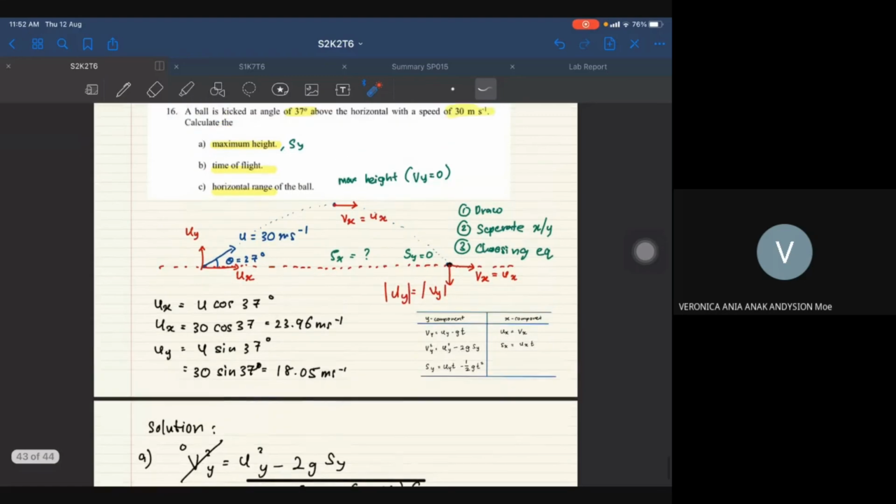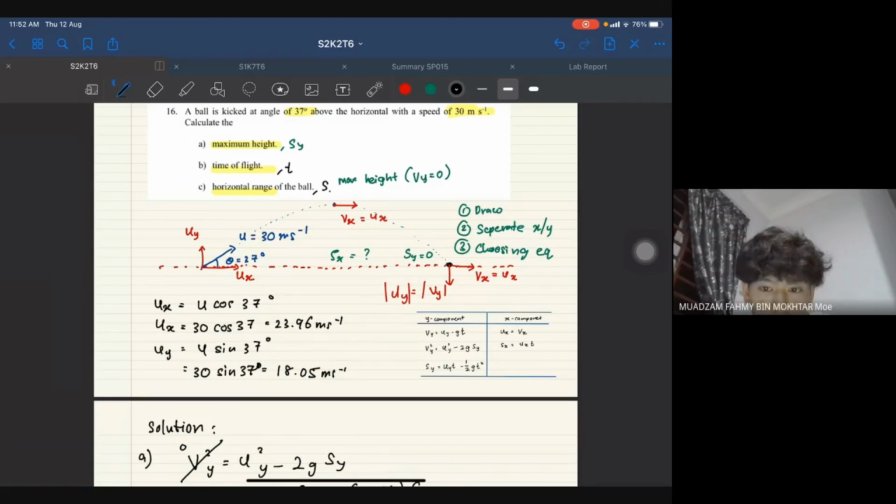Okay, the last question. They ask you to find the horizontal range. So basically the question want you to find apa? Simbol apa ni? Saya nak pakai. Yes, Sx. Okay. So now, Sx, if you are looking at this formula, kita ada satu formula je. Sx sama dengan Uxt.